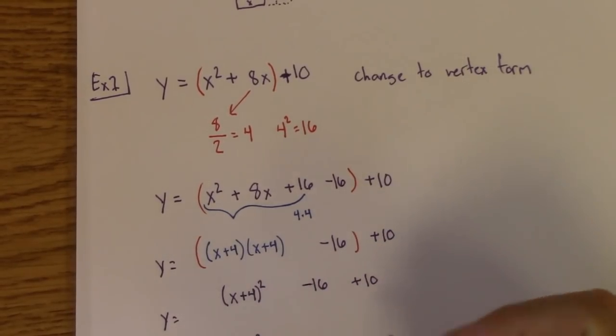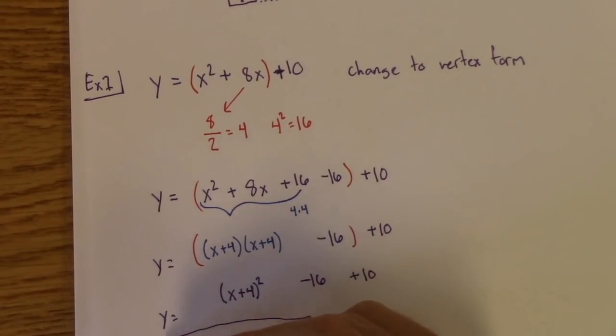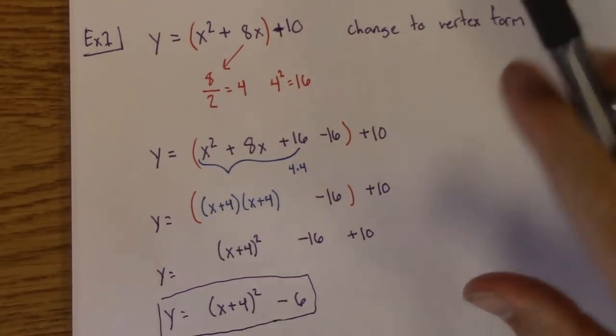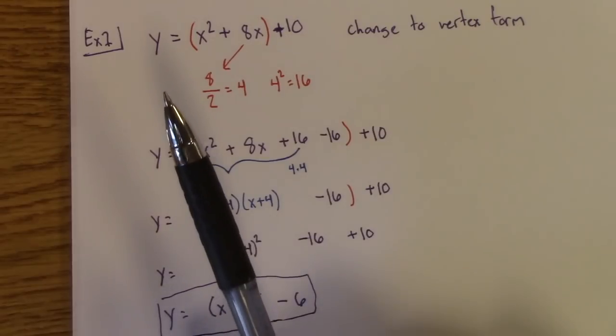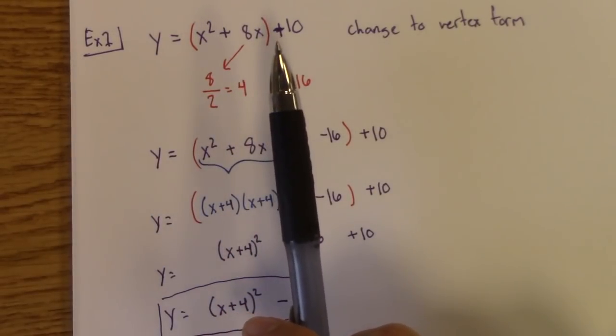Minus 16 plus 10 is a minus 6. And so what this means is this part that I boxed, that you can't see, but now you can, y equals x plus 4 squared minus 6, is the same equation as what we started with, x squared plus 8x plus 10.